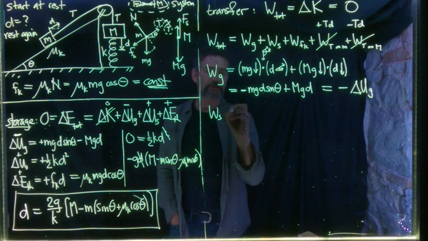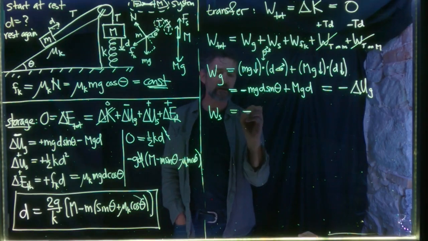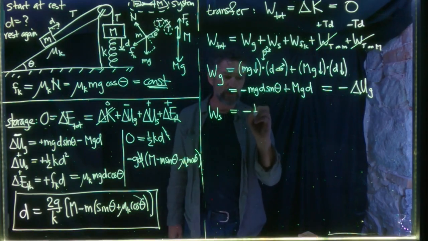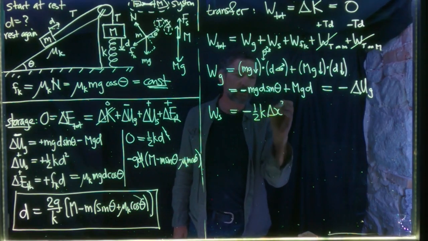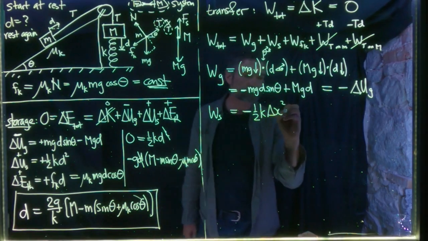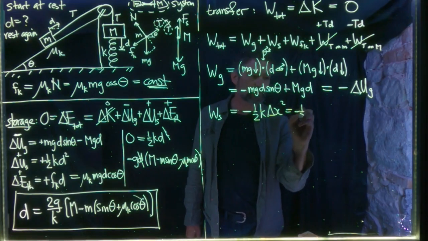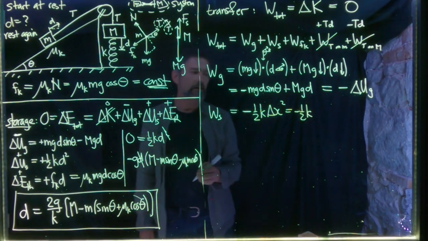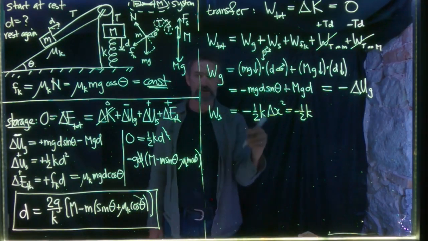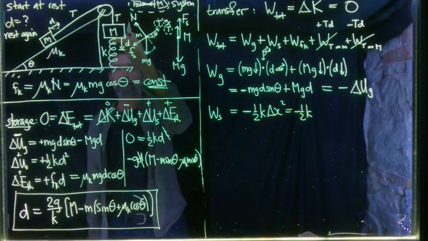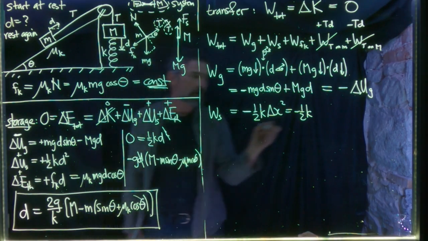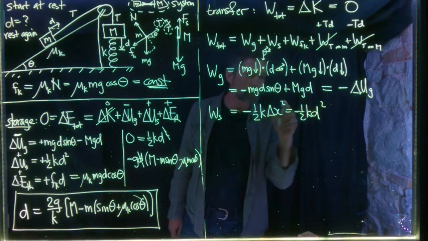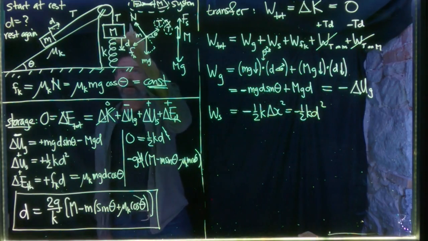So the work done by the spring is negative 1/2 k times the change in x squared. So that's negative 1/2 k, and so this means x squared final minus x squared initial. So in the final position, the x position, how much it's been compressed from equilibrium, is d. So that's d squared minus the initial x squared.